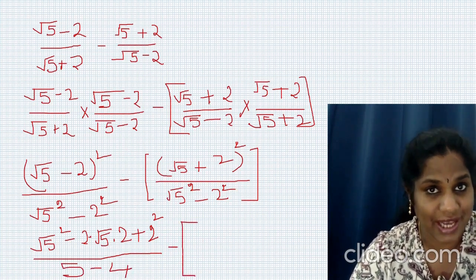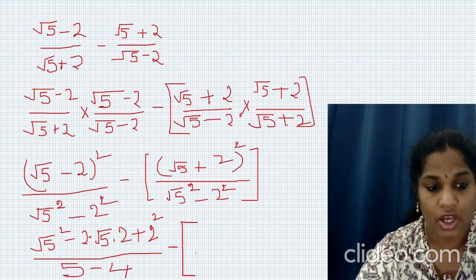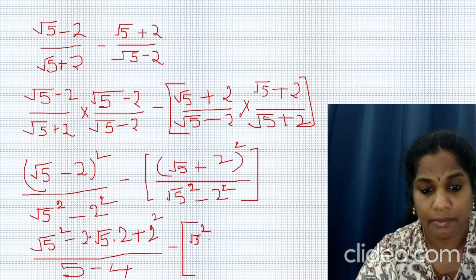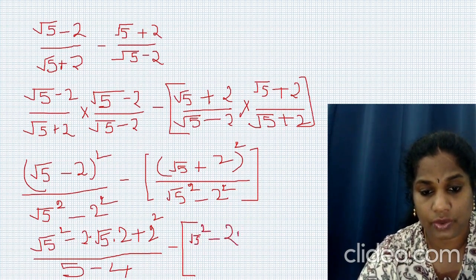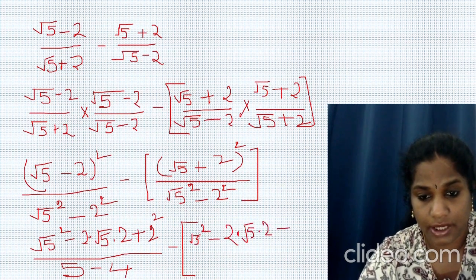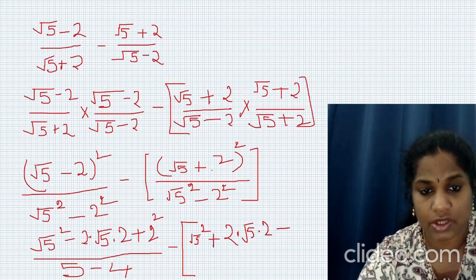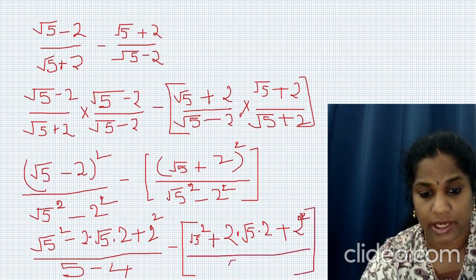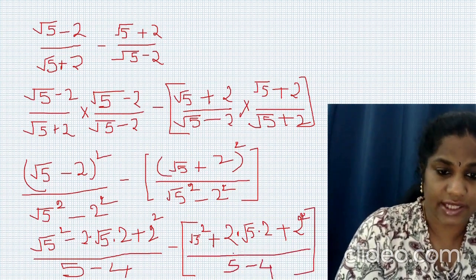As I told you, the signs will change in the next step. So here it will be (√5)² + 2 into √5 dot 2, the 2ab, and it is plus only because it is (a + b) whole square, plus 2 square. And down I am going to get 5 minus 4. Perfect. Till here everything is clear.